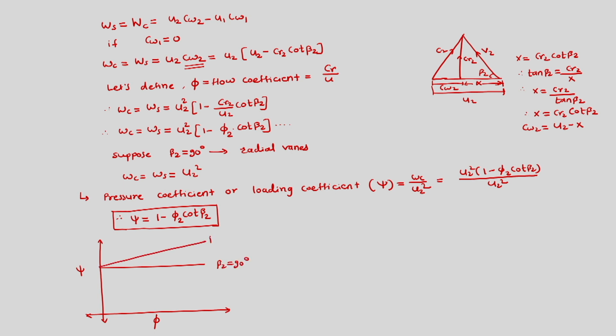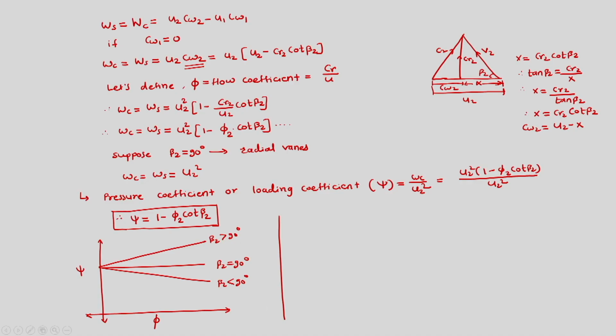This graph is for beta 2 greater than 90 degree, and this graph is for beta 2 less than 90 degree. So this is how flow coefficient would alter the loading coefficient for a centrifugal compressor, and from this we can compare different centrifugal compressors.